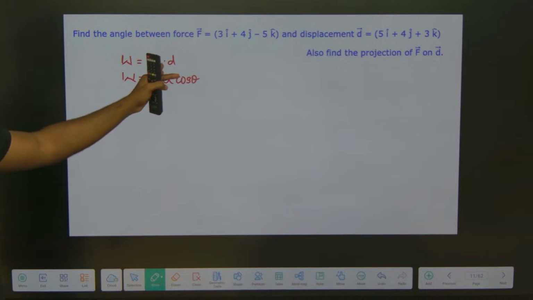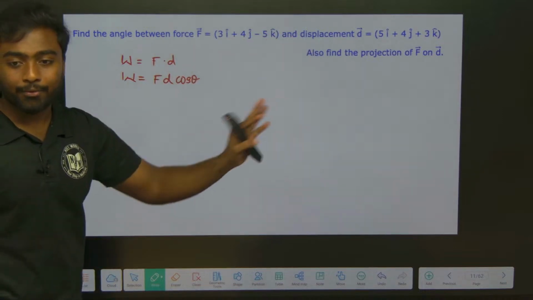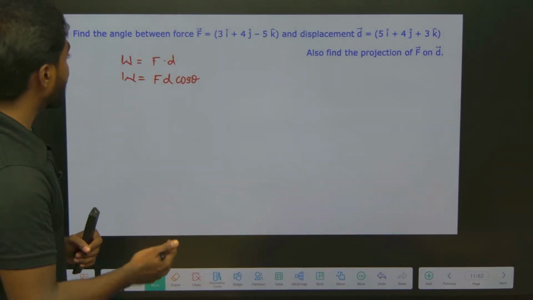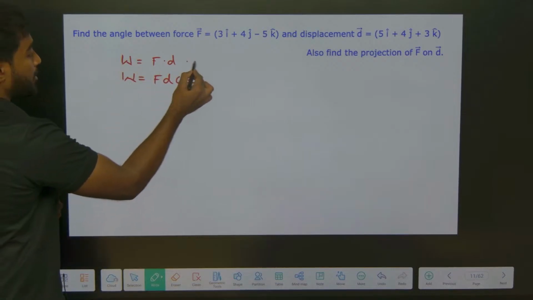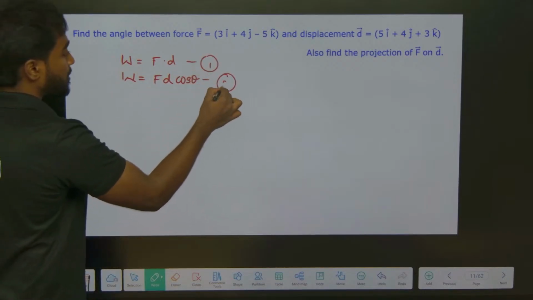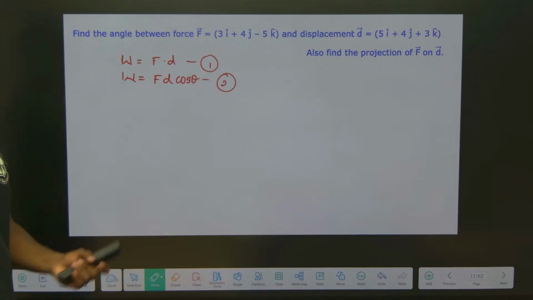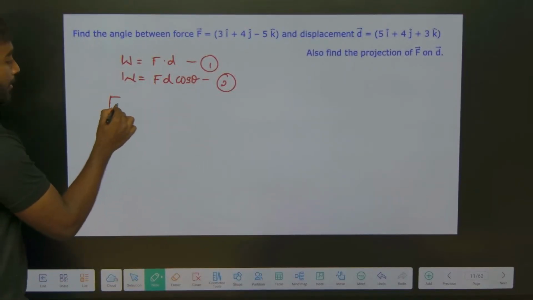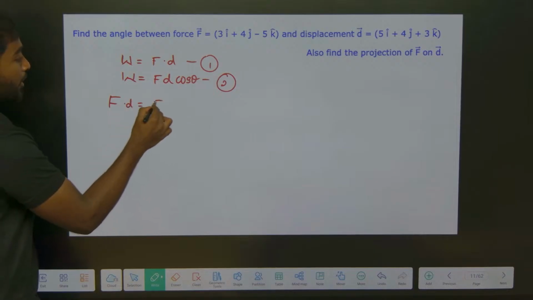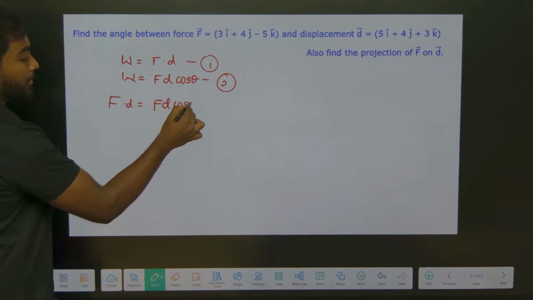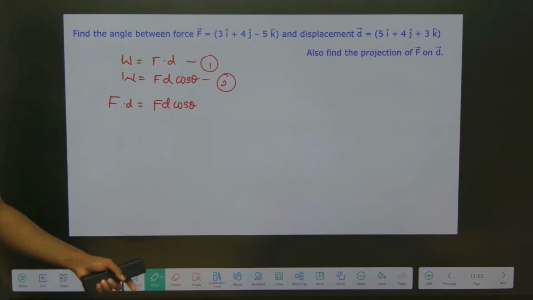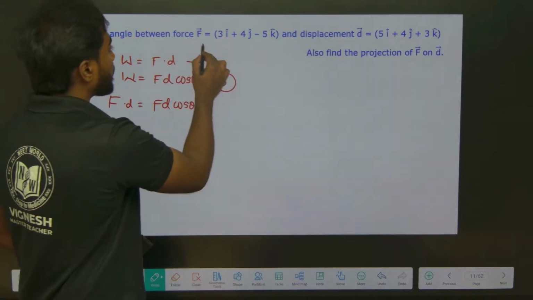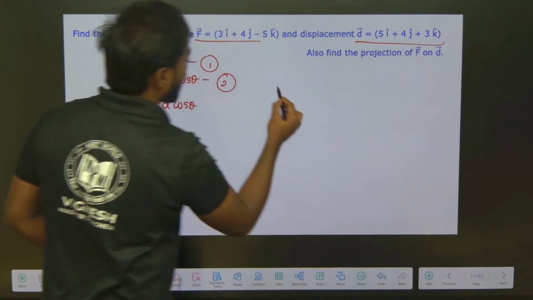From this formula and the given things, I need to find the angle between them. This is equation number 1 and this is equation number 2. Both are equal, work done F dot D or FD cos theta. So can I write F dot D equals FD cos theta?